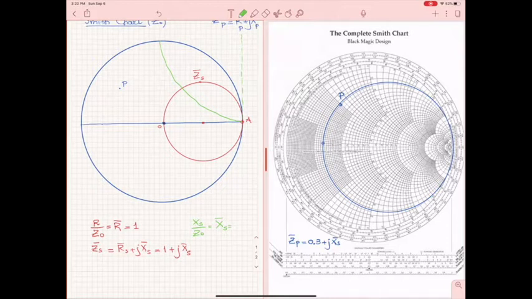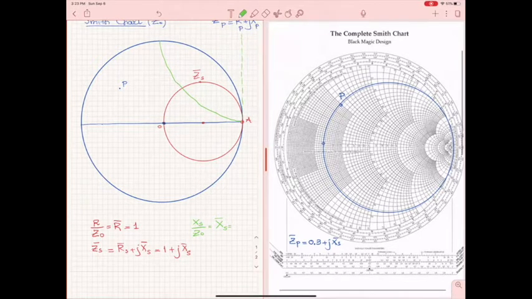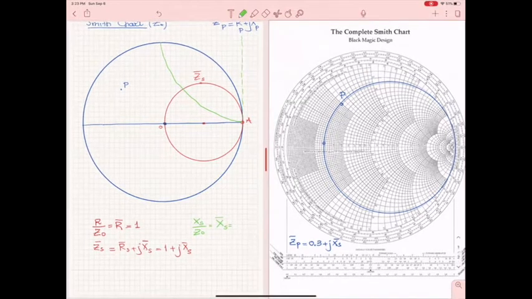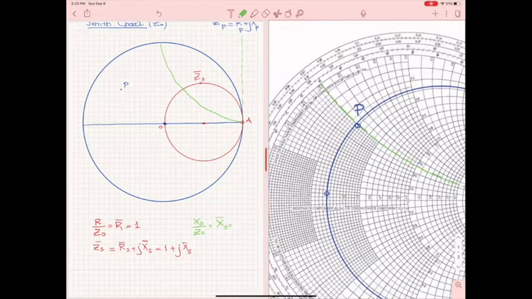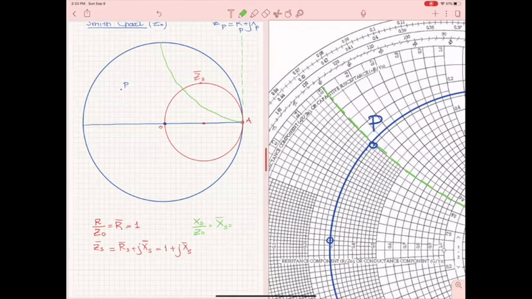So if this is our P point, and if we want to draw this for point P, and I check which circle goes through that, it's this one. Okay, and then when I go here and read, that gets me to 0.5.